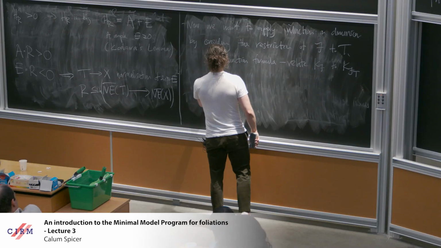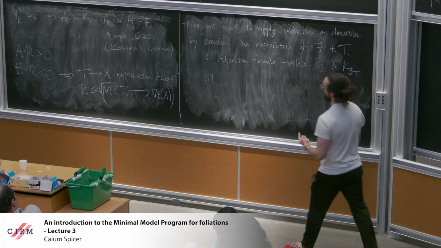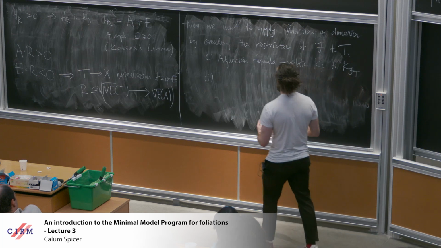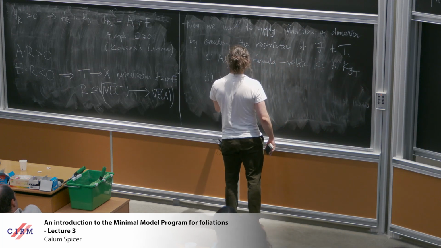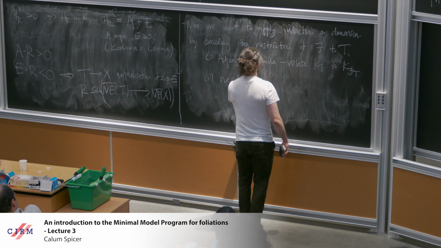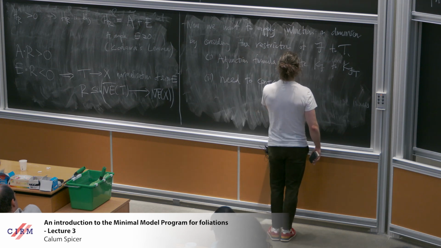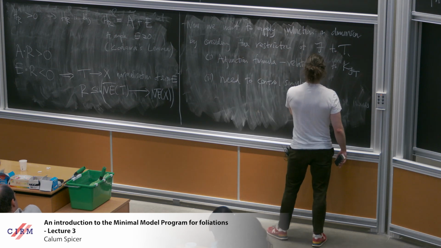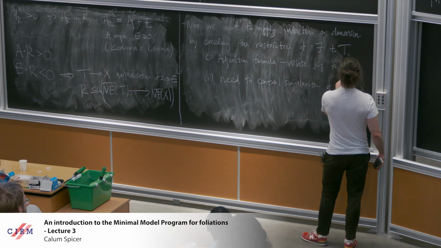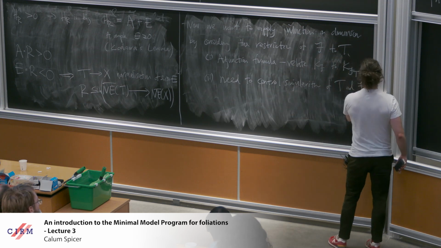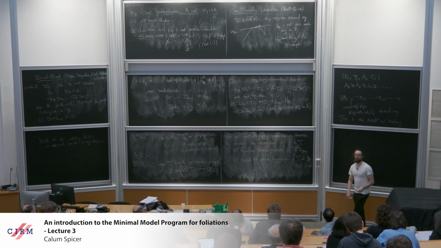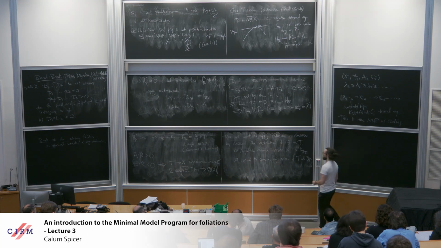And then two, and this is the very subtle part of the whole story, which I won't be able to say more about, is we need to control the singularities of T and F_T. This is really the hard part of the whole story in the induction setup, controlling these singularities.